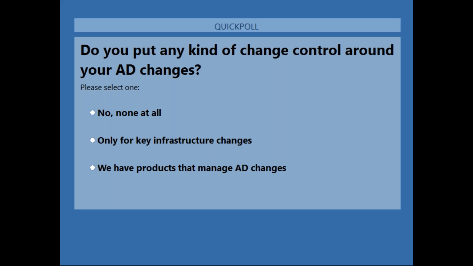We'll give it a couple more seconds because people are still responding. Perfect. Five more seconds and we're going to close the poll, and I'm going to share the results with you.